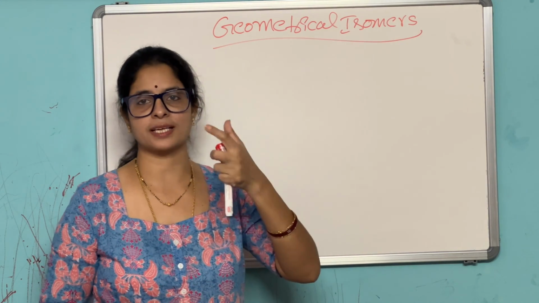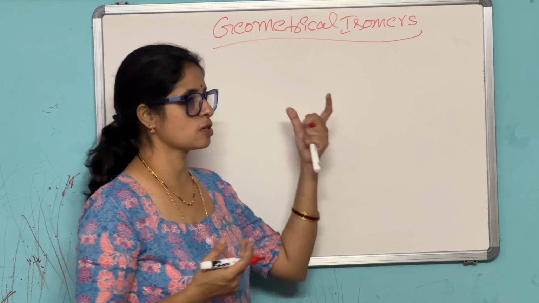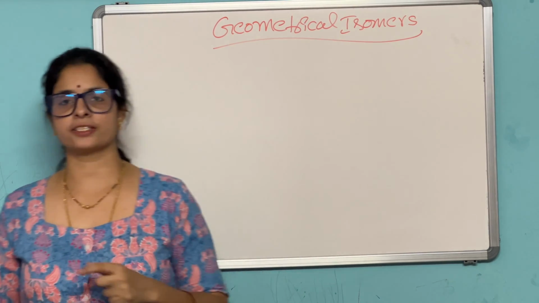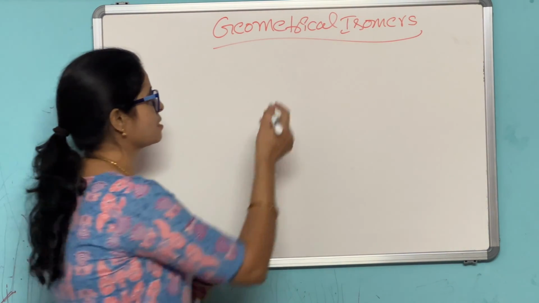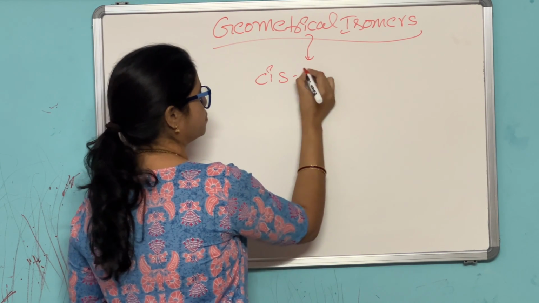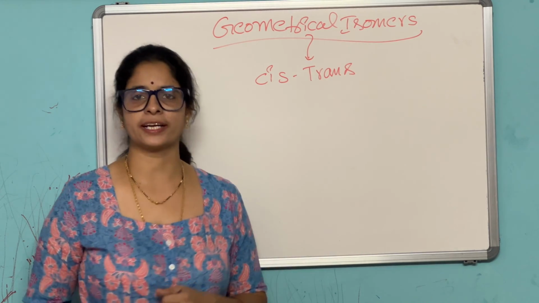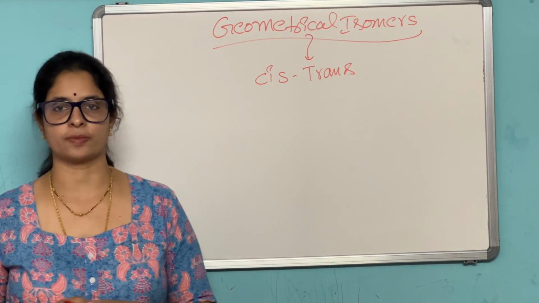If two isomers are there, we call them geometrical isomers, and the phenomenon is known as geometrical isomerism. This is otherwise called cis-trans isomerism. The other name of geometrical isomerism is cis-trans isomerism.